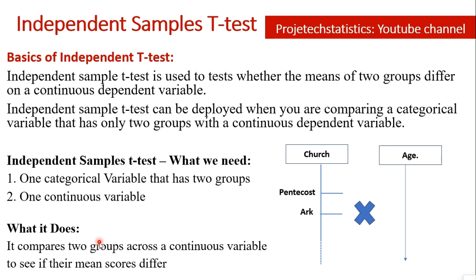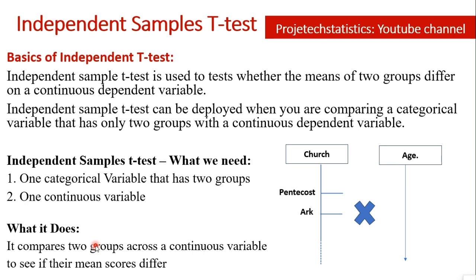In this research, we can see that this fits what an independent sample t-test is, and that is why we have decided to use it, because knowing the statistical test to use is very important. When you have your research problem, we have a lot of statistical tests. Are you going to use ANOVA? When do you deploy ANOVA? When do you deploy independent t-test? When do you deploy chi-square?